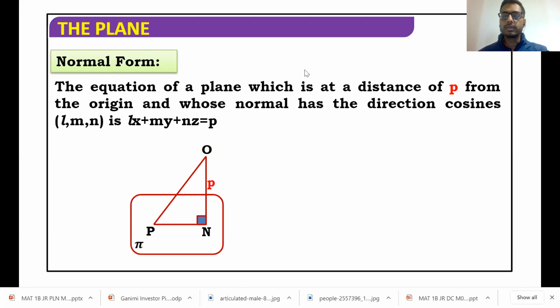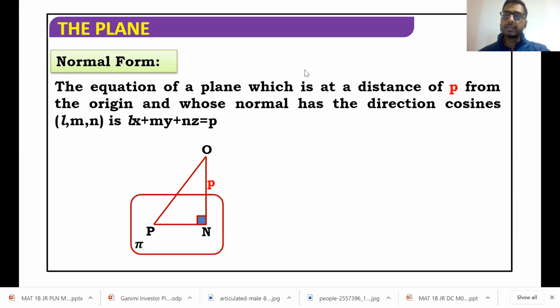So this is your diagram. Origin is represented by O. Normal is drawn onto your plane pi. Normal is meeting at point N. Length of that normal is denoted by p. And the distance of the plane from origin is denoted by capital letter P. So I can say that capital OP is my distance from origin.